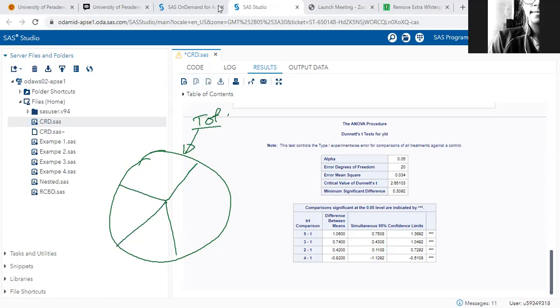Our main aim is to reduce the component of unexplained variability as much as possible. For example, let's say we have total variability as such, then we say this is due to treatment effect.